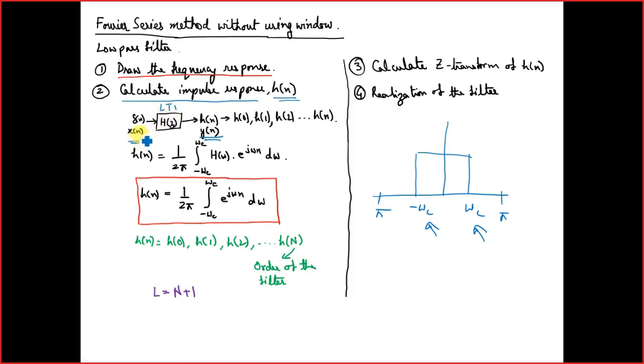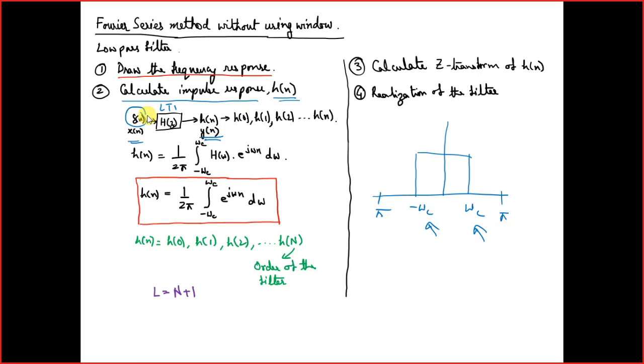Now if our x of n is delta n, then we get h of n. By the way, what is delta n? Anyone who does not know what delta n is? What is this delta n called?